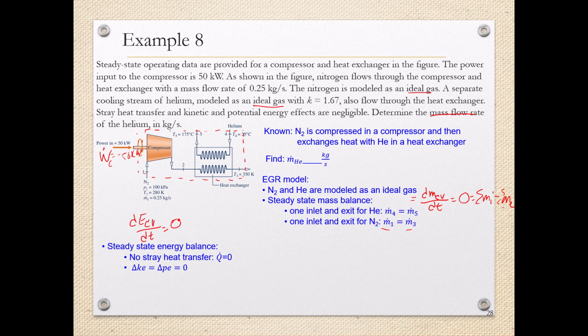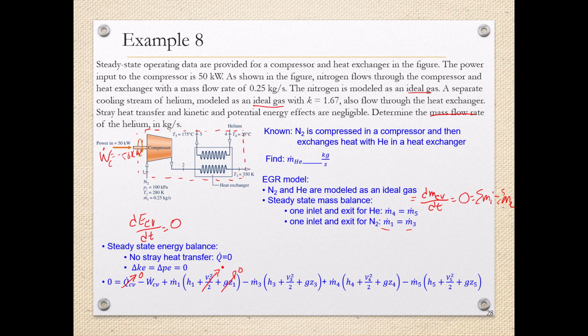One thing that was mentioned in the problem already is that no stray heat was transferred. So Q_cv is actually 0, and potential and kinetic energy are going to be 0. So if we put in all our terms here, this is our entire energy equation, and then we apply our assumptions: heat is 0, and kinetic and potential energy are 0 in each one of these cases.